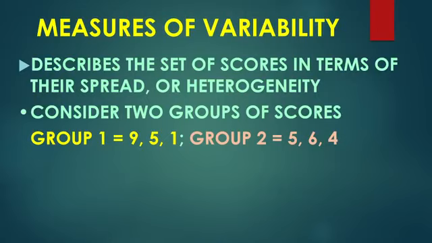So, what is the mean, by the way? What is the mean of group number 1? If you're going to compute the mean and the median, let's start with the median first, kay masayon. What is the median of number 1? Unsa may tunga to? 5, correct. In group number 2, if you arrange 5, 6, and 4, what is the median? 5.